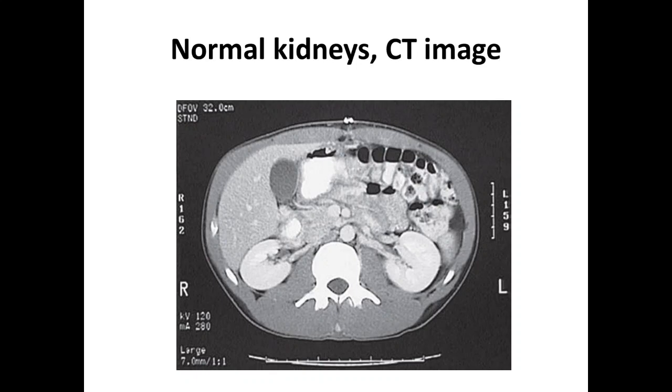Normally, kidneys are symmetric in size and shape, and CT scans can provide more detailed information about the kidney than standard kidney, ureter, and bladder X-ray examination, providing more information related to injuries and diseases of the kidneys.